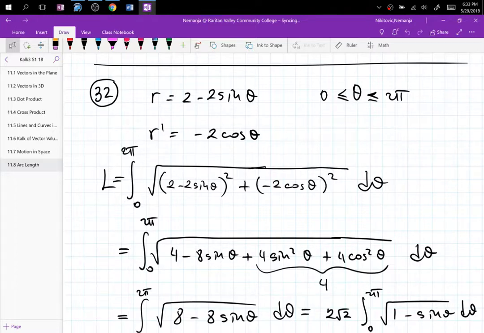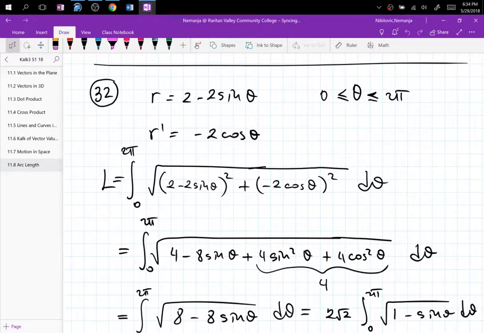So theta equals 0 in our 2 minus 2 sine theta. When theta is equal to 0, we have 2. It seems that this is the theta equals 0 point. And then theta equals pi over 2 will give us 0, which is this point here. So that's pi over 2.